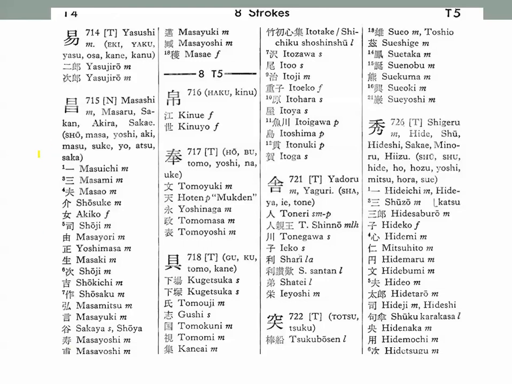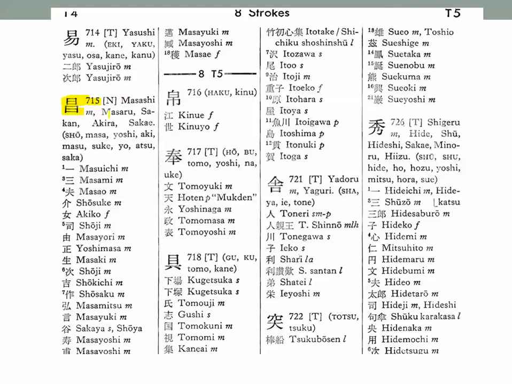So what do we have? Well, for example, here we have a kanji whose discrete number is 715. And then after the character and its number, we have that N in a square bracket. And that means that the character has been approved for use in names. And then after that, we have a whole bunch of choices. Masashi, which is a male name.